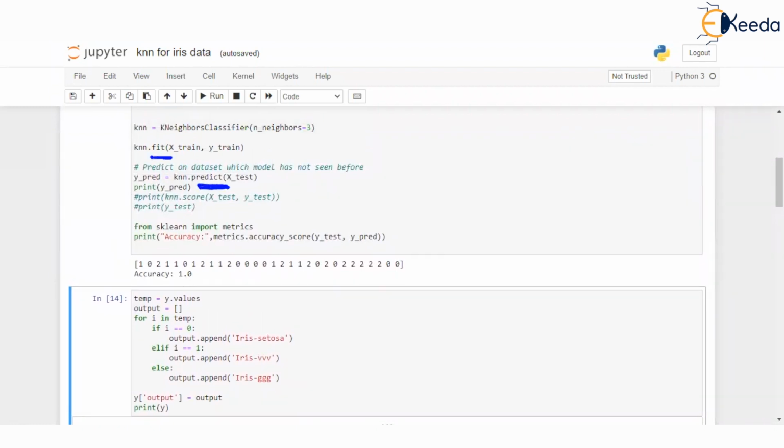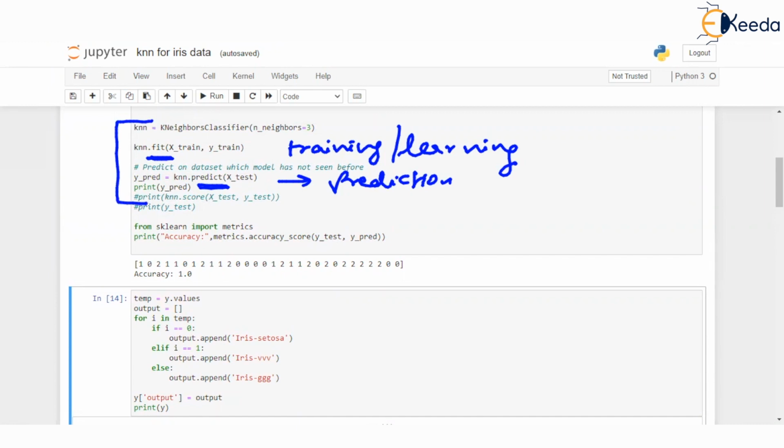So actually this fit is for training or learning. This is the learning phase. And predict is the prediction phase on the query points. Okay, simple. These are the lines. And trust me, the entire algorithm is actually implemented by these lines. So everything is given ready-made to us.